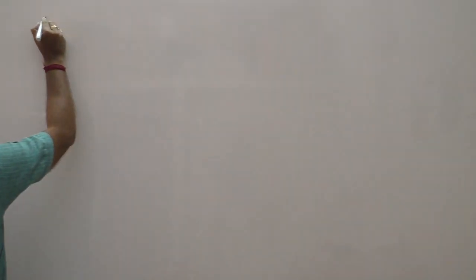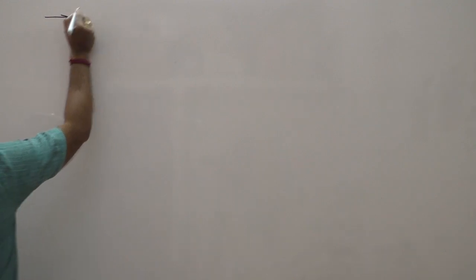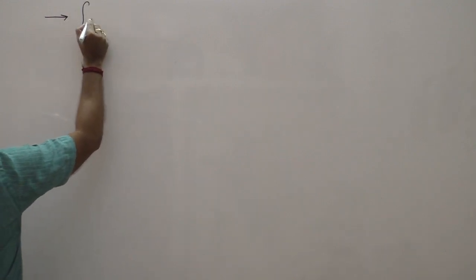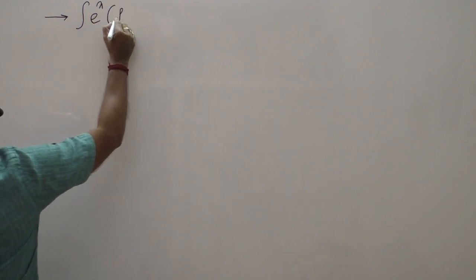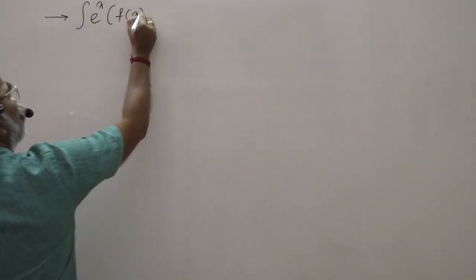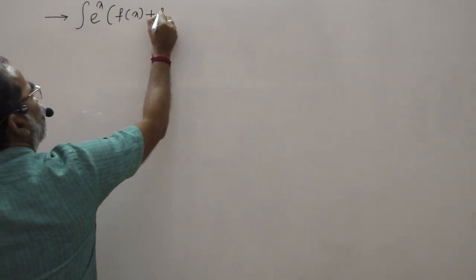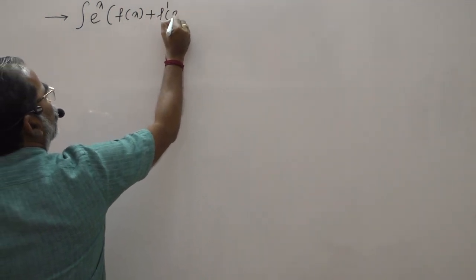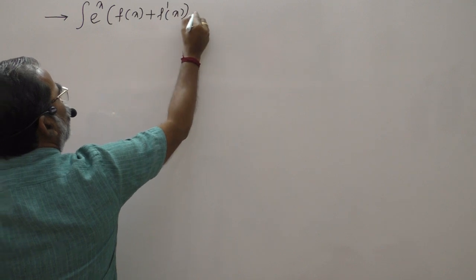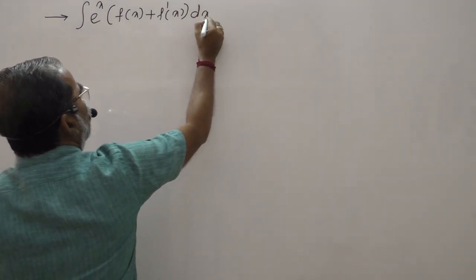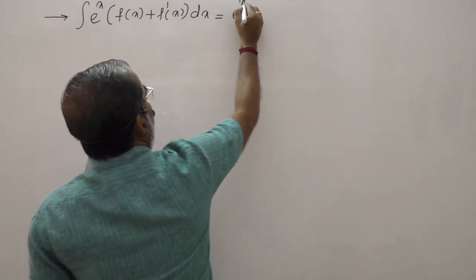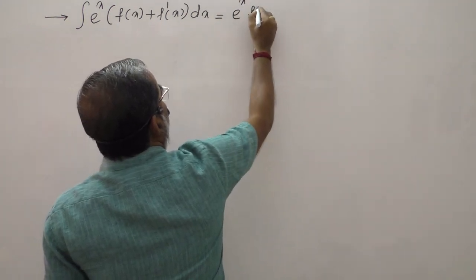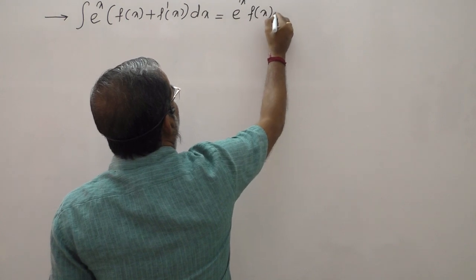Now we will see one application. The integral of e power x into f of x plus f dash x, into dx, of course, is e power x into f of x plus c.